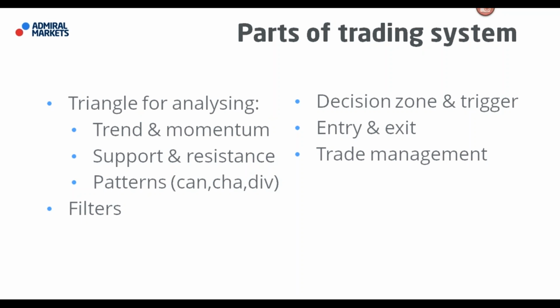But all of them solve that equation a bit differently when looking at trend, momentum, support and resistance patterns, filters, decision zones, and triggers. All of these systems have their own specific mix, so it's always interesting to see how that goes. But ultimately, they all use this blueprint.